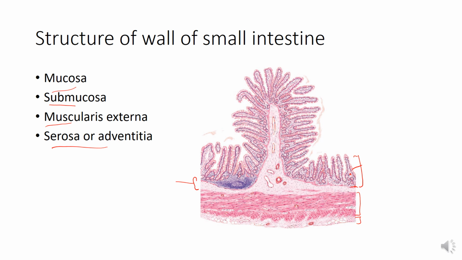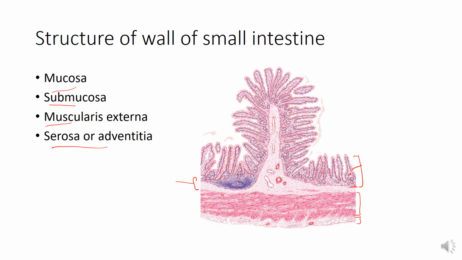Now what is serosa? Serosa is the outer visceral layer of the peritoneum, which forms the outer wall of any organ which it covers. So in the case of the small intestine, the jejunum and ileum are almost mostly covered with serosa, and some parts of the duodenum have adventitia.